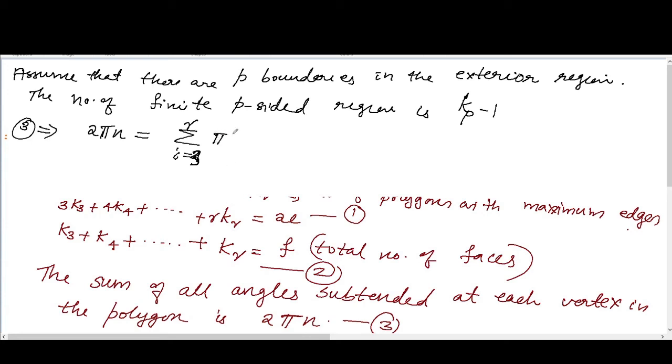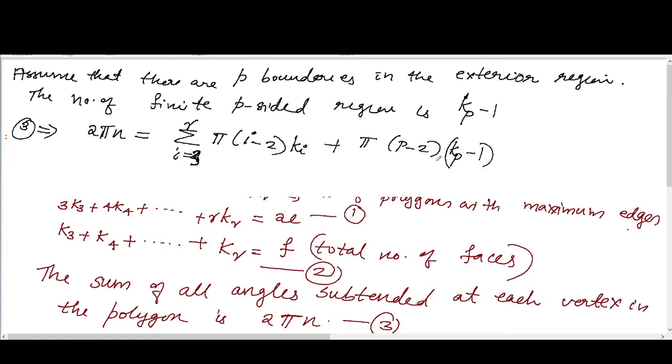Then the formula pi into i minus 2 into ki, there are ki such interior angles. Then plus pi into p minus 2 into kp minus 1.